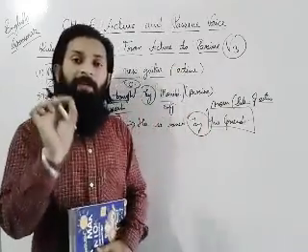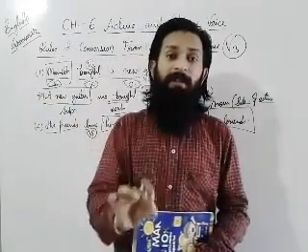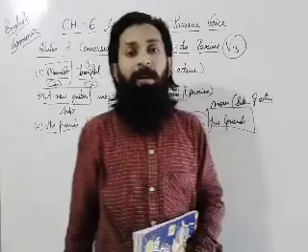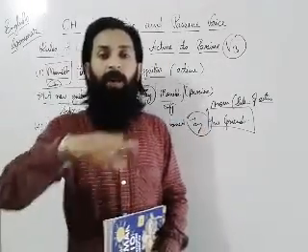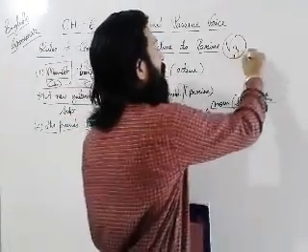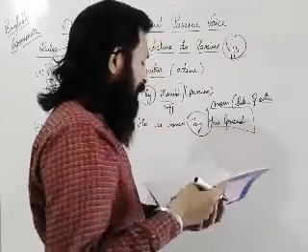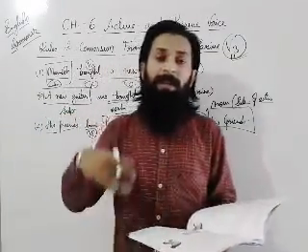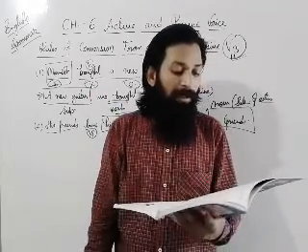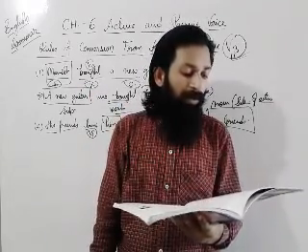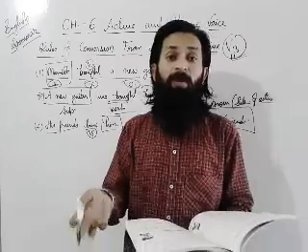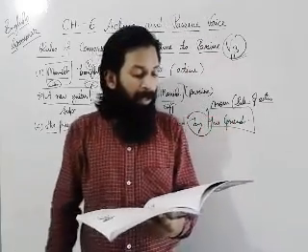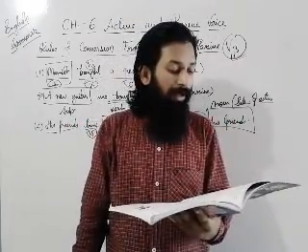Surely you have to write the verb's third form, because whenever you change active to passive, you have to write the verb third form, and that is what is mentioned here: auxiliary plus past participle. Past participle means verb third form. The changes of the verb should be in accordance with the tense. According to the tense you have to change the auxiliary verbs.